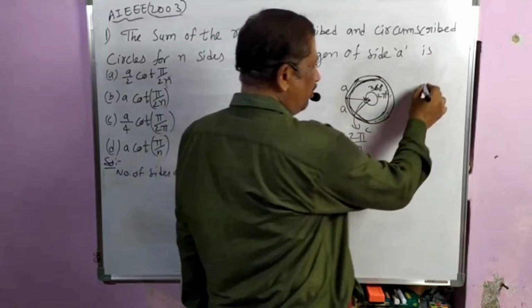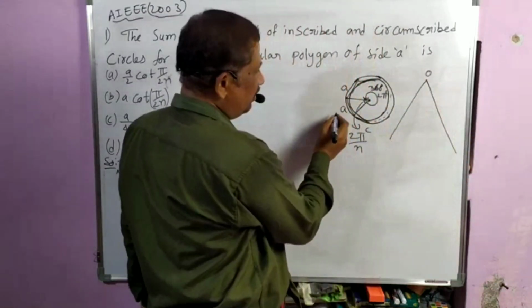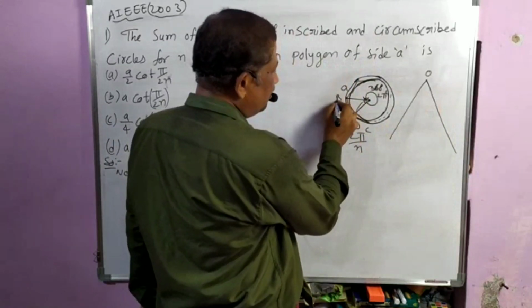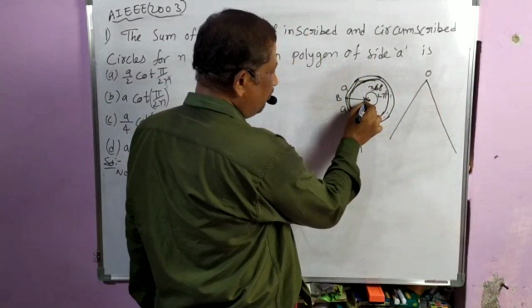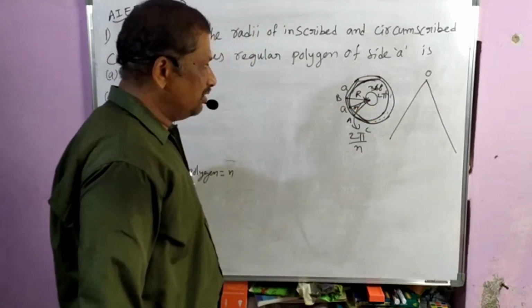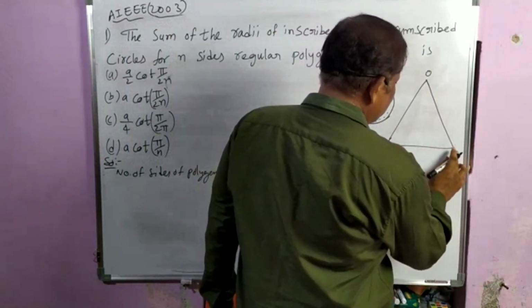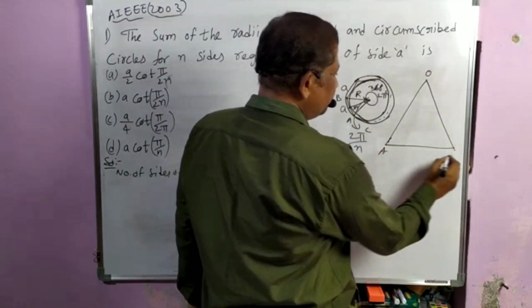So now we take that part, let it be AB. If you draw a perpendicular from here to here, we get these two radii. So now in this part, this is AB.